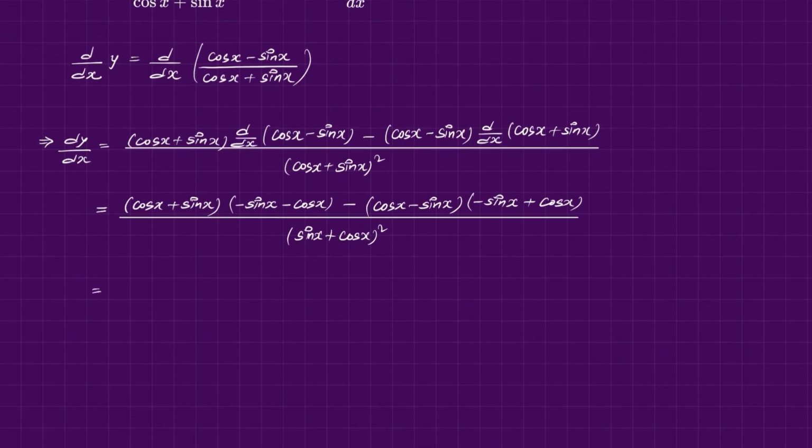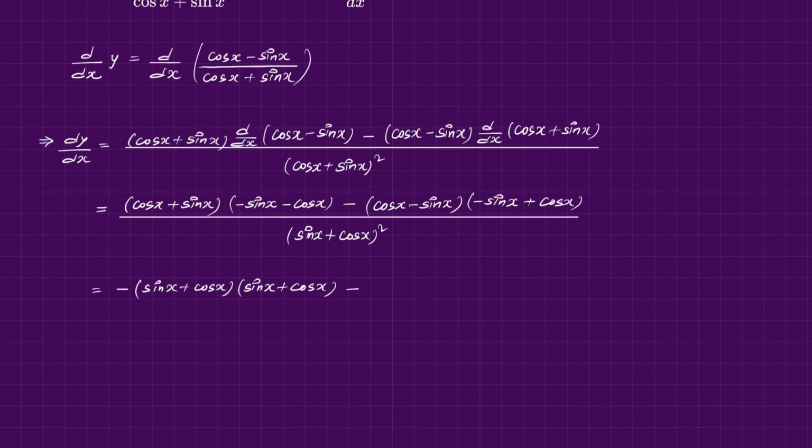So here in the numerator, from the first term, let me take out minus common, so it will be minus, and let me write this cos x plus sin x as sin x plus cos x, and since we have taken out the minus common, here it will remain with sin x plus cos x minus.